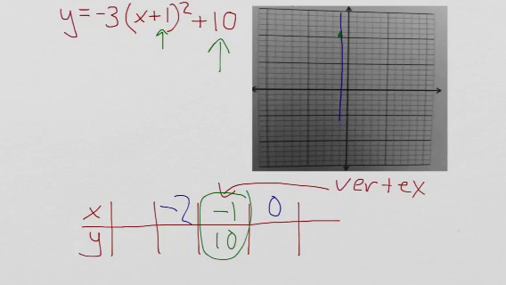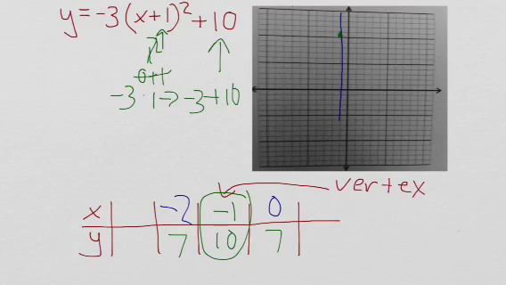So I'm going to put 0 in, so 0 plus 1 is 1. So I'm going to take 1 squared and get 1, and then I'm timesing that by -3. So that's going to give me -3. Then I'm going to add 10. So I'm going to get 7 when I put in 0. -2 is going to give me the same thing. So I can go to 0, 7.